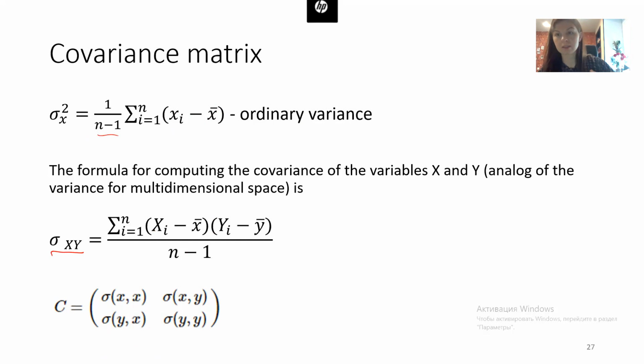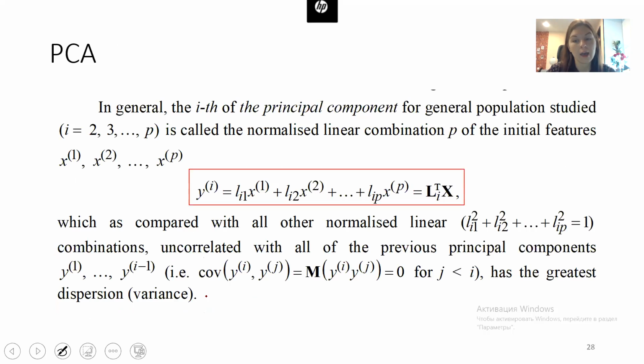So it's like linear dependencies between two data sets. In multidimensional space, we use this equation, and our covariance matrix consists of ordinary dispersions on the diagonal and covariances out of the diagonal elements. It represents variation among the x's. Actually, it's close to the correlation coefficient.